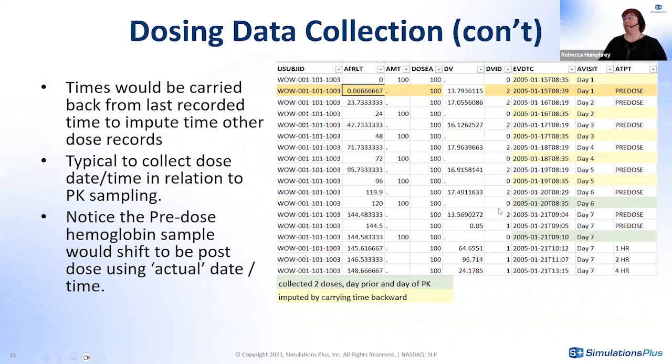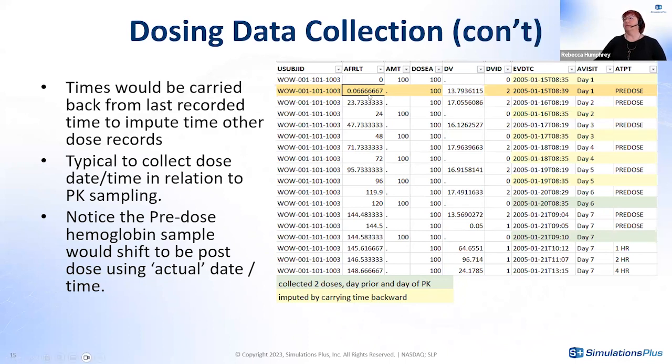What would happen is if only the dose date and times were collected around the day 7 dose, then these would be the only times in green that were actual times. This first actual time would then be carried backwards onto the individual dose records created back to the first day.